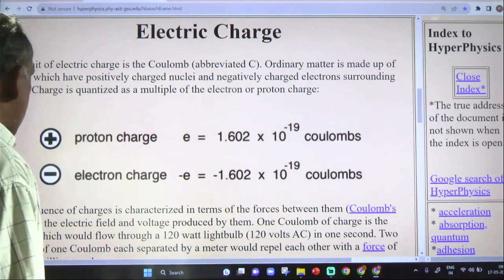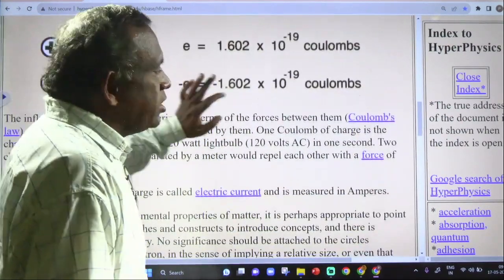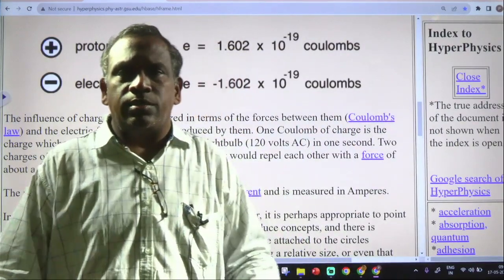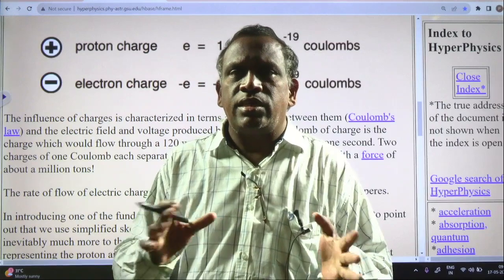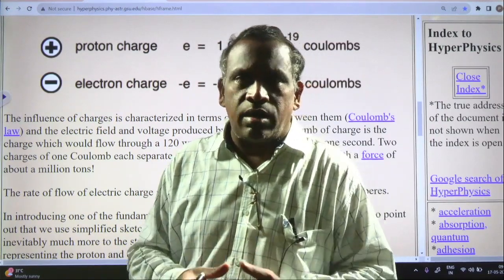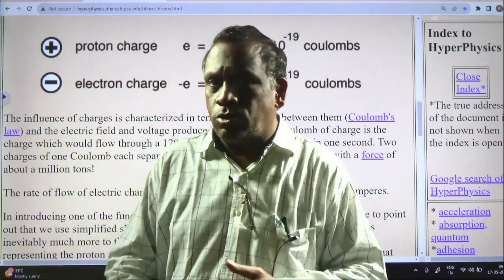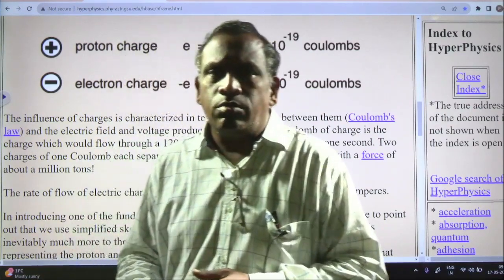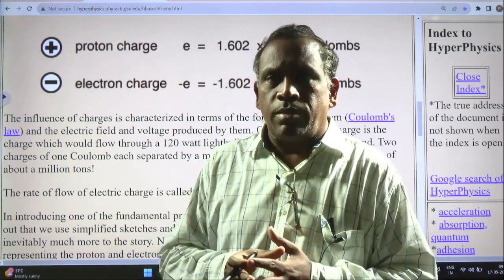What are the characteristics of charges? First, charge is quantized, meaning there is a certain number of electrons, a quantum of electrons. That's why charge is quantized. The total charge is Q equals N e, where e is the charge of an electron. It is a famous formula.